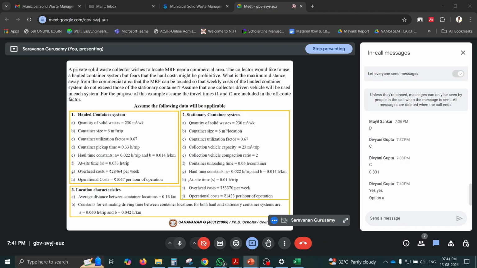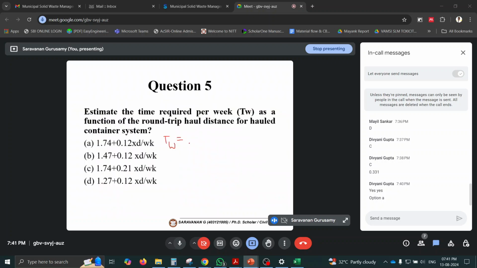A plus BX, haul container system. This A and this B is the A and B, and in terms of X only we need. So you can find TW in terms of X. Hope you understand the formula.